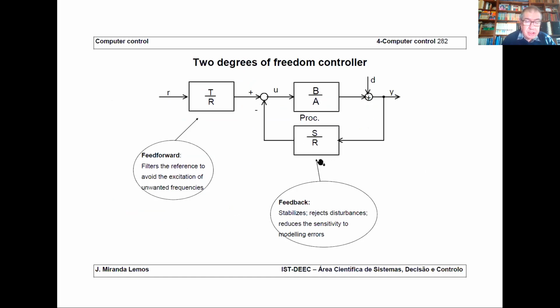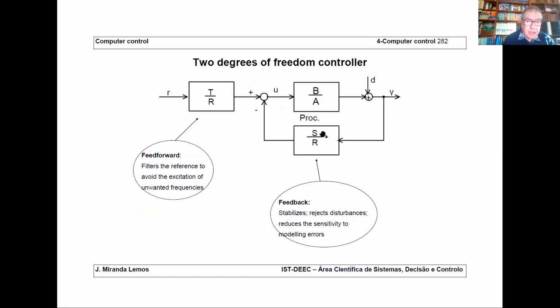What is the role of these blocks? Well, this is a feedback block. Okay, S divided by R is a feedback block. So what is the role of feedback? To reject disturbances, to reduce the sensitivity to modeling errors, and to stabilize the system.